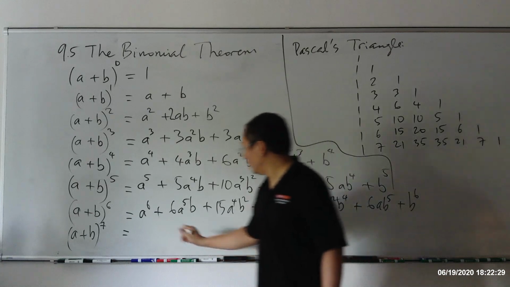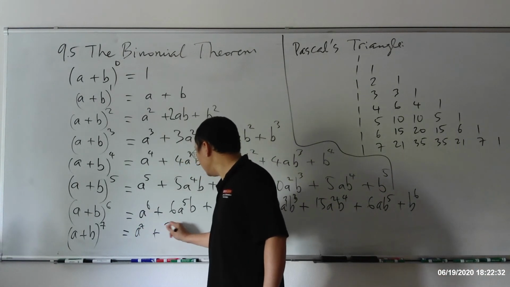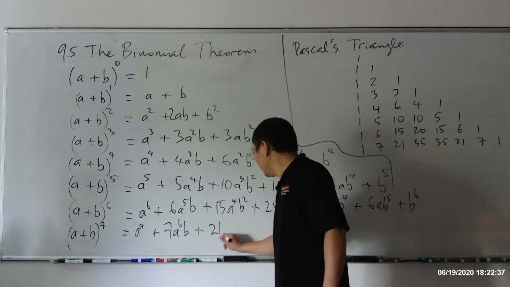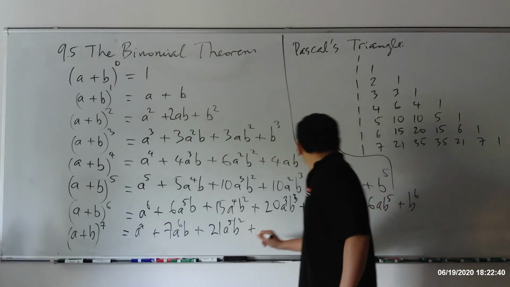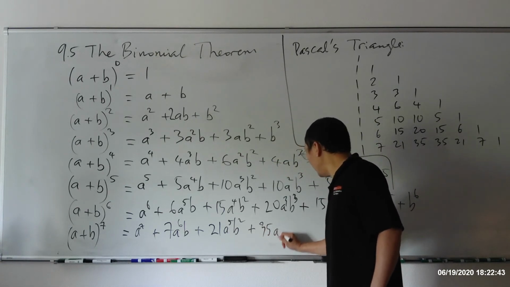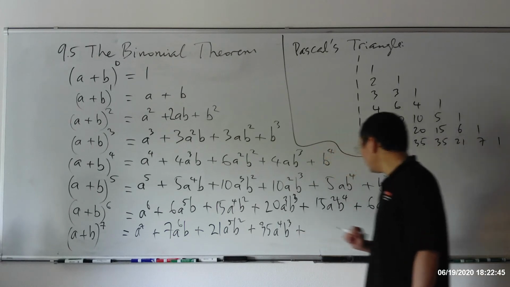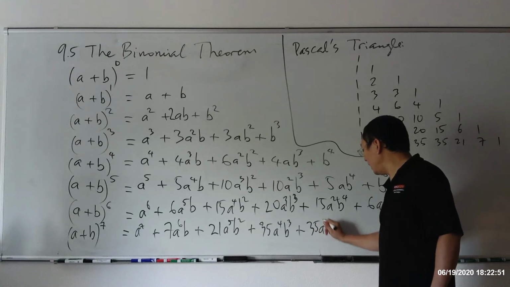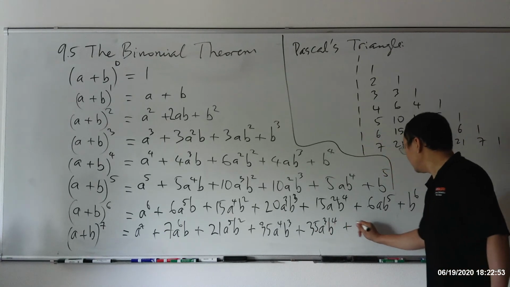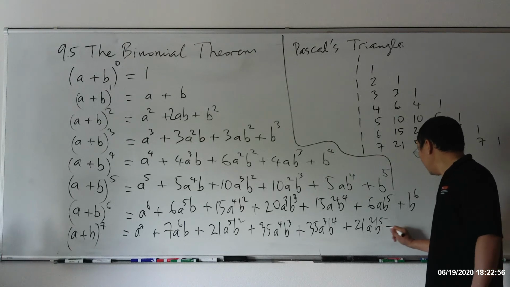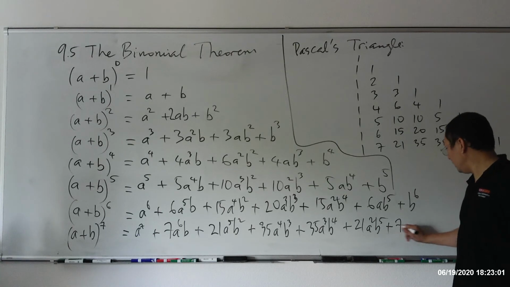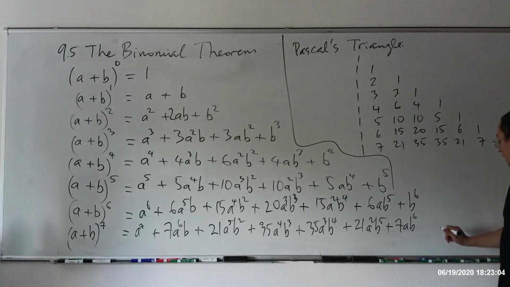So it's going to be a to the 7 plus 7 a to the 6 b plus 21 a to the 5th b squared plus 35 a to the 4th b cubed plus 35 a cubed b to the 4th plus 21 a squared b to the 5th plus 7 a b to the 6th and then plus b to the 7.